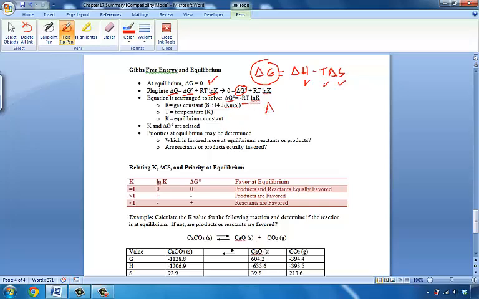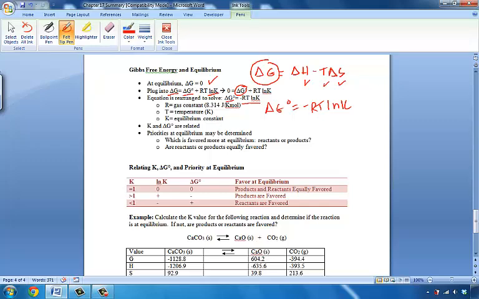So ΔG° equals −RT ln K is how we can relate G values, or free energy, to the equilibrium constant, where ΔG° is your free energy under standard conditions, R is your gas constant, the 8.314 joule per degree Kelvin mole value, so please note the joules unit, and ln K is the natural log of your equilibrium constant.